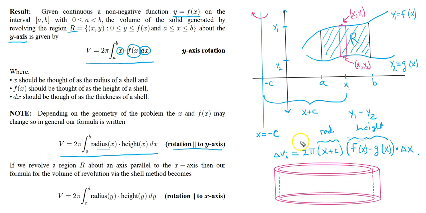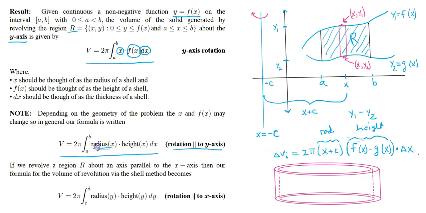And so if we integrate this, the delta x will become a dx, and we'll get the volume of the entire solid as we integrate from a to b. And so notice that the x becomes an x plus c, the f of x becomes f of x minus g of x, and so that's what we're referring to over here.